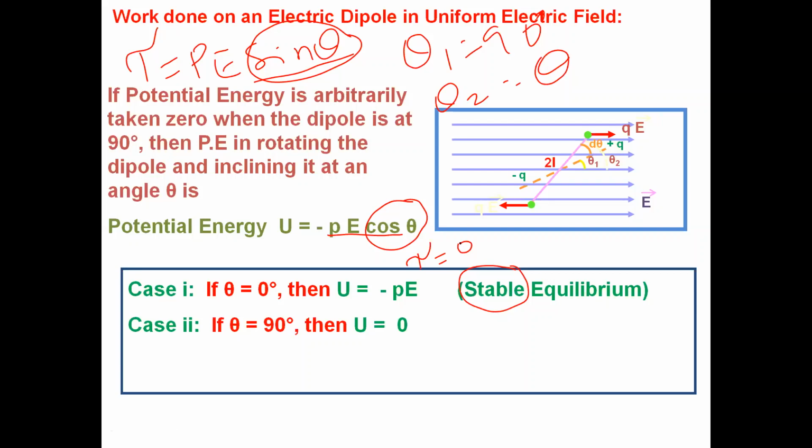When you substitute 90 degree in this, cos 90 is 0, which means potential energy will be 0, whereas torque will be maximum. So if you keep the electric dipole perpendicular to the uniform electric field, then torque will be maximum, whereas potential energy will be 0.